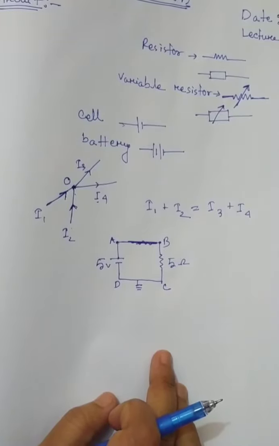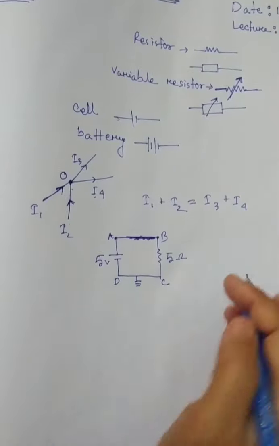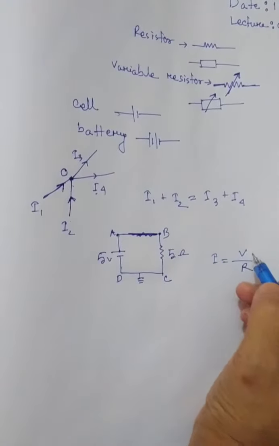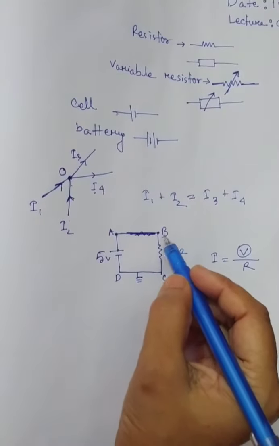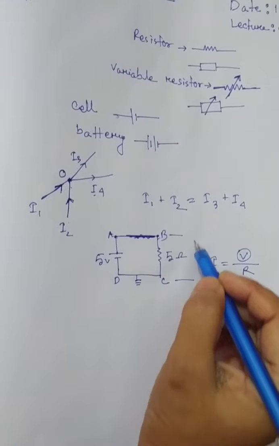We have to determine that one. 5 ohm resistor এর across এ কারেন্ট কত হবে? So সেটা বের করার জন্য according to Ohm's law, the current will be I equals V divided by R. But what is this V? This V is the potential difference between point B and point C.